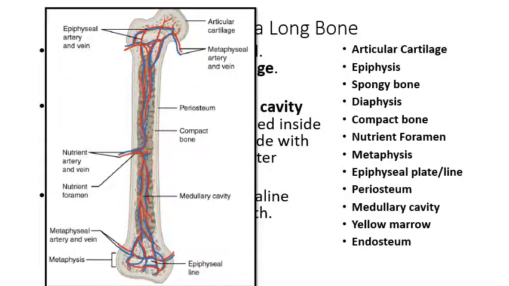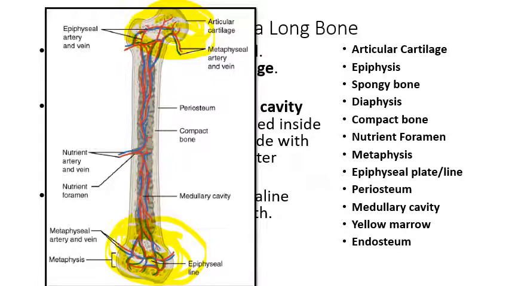So here's our bone. These bulgy parts at either end are referred to as the proximal epiphysis and the distal epiphysis. This one is down here by the knee. This is the femur, by the way. So here's the head of the femur by the pelvis, and here's the distal epiphysis near the knee, near the patella.